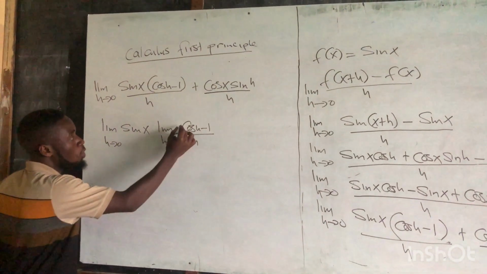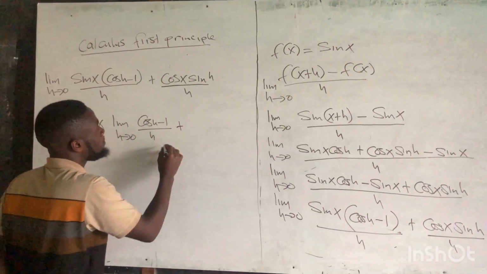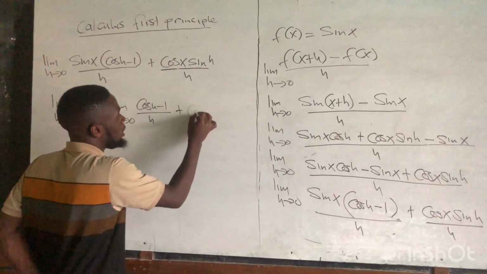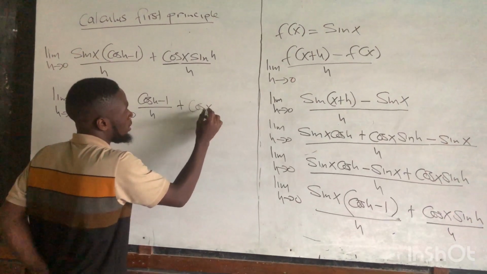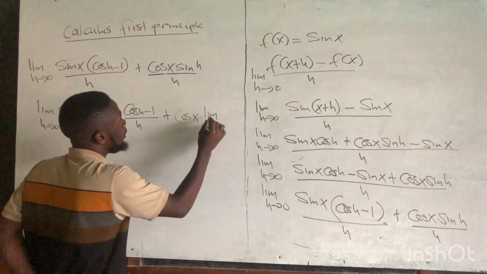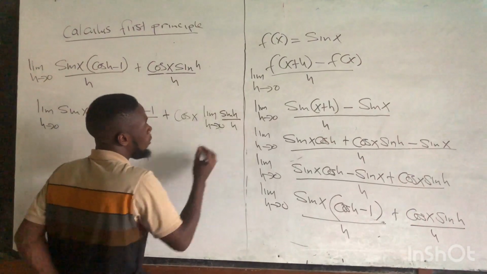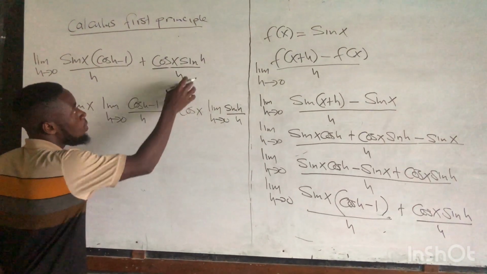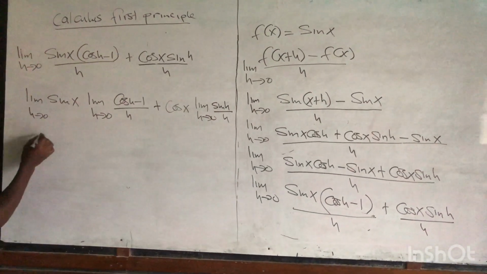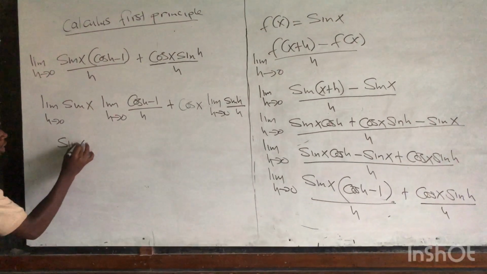So the main goal is to come up with this identity here. Again, this side, plus, let's factor this side, plus cos x, limit as h is approaching 0, sine h over h. And again here, our main goal was to make this identity. So here, what are we going to do? We have sine x.